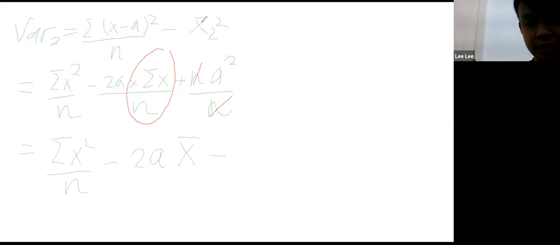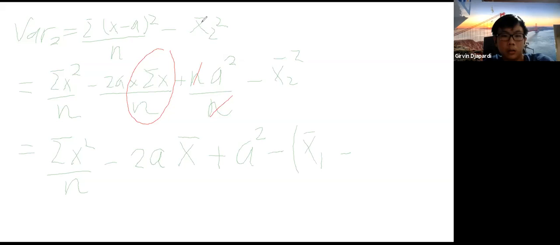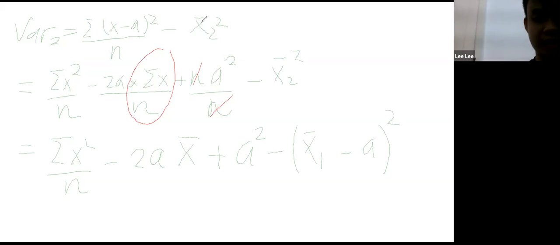Plus a square, right? So I have the minus with x bar 2 square, right? What is x bar 2 square? X bar 2 square is your x bar 1 minus what? A in bracket square. This is also x bar 1, right?